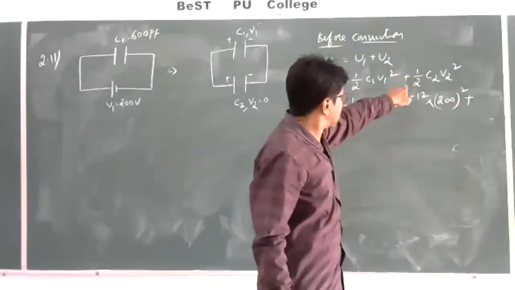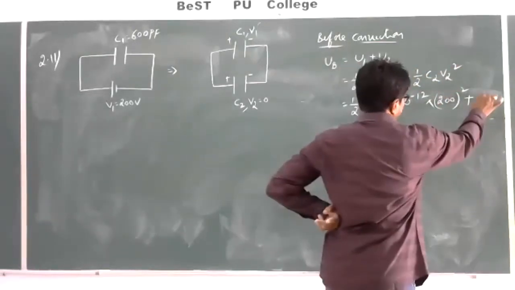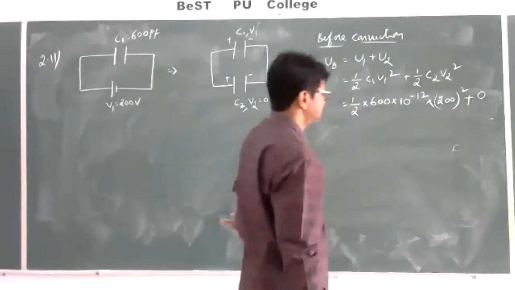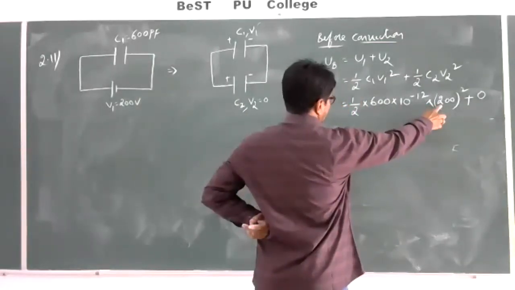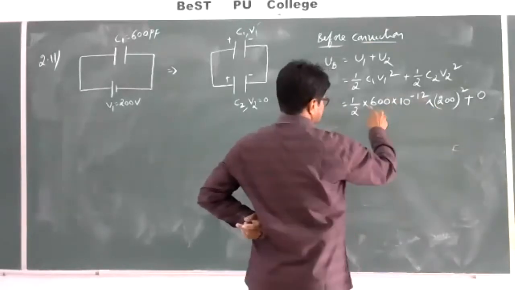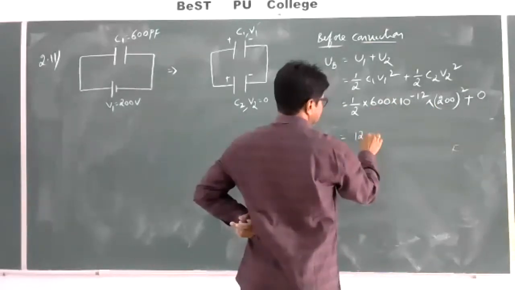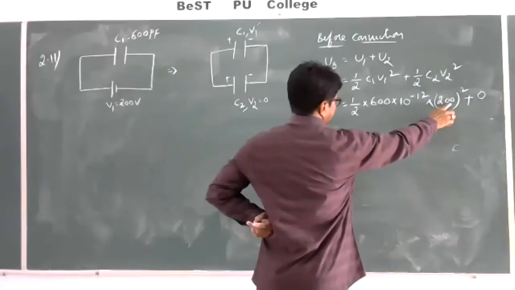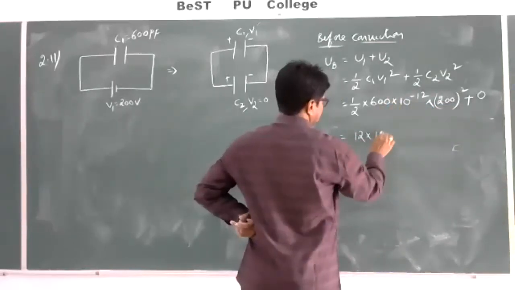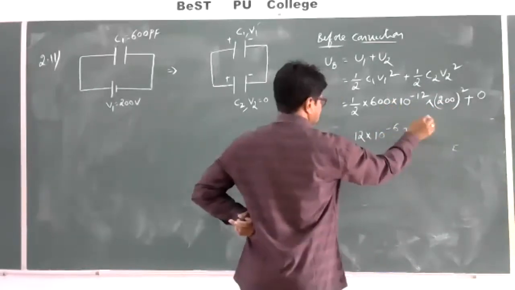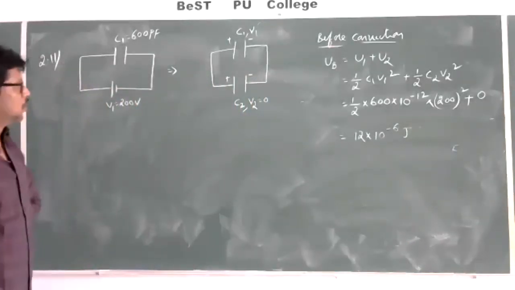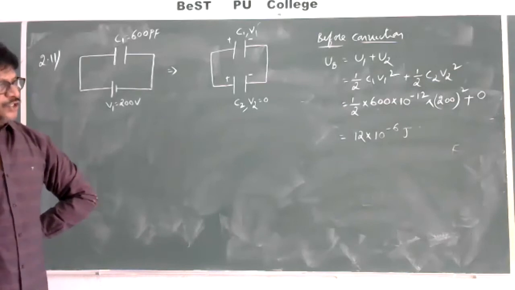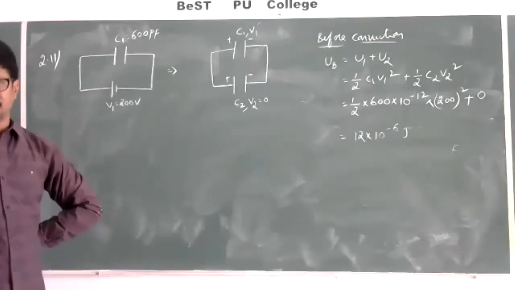Since V2 is equal to 0, this entire term will be 0, which is equal to 12 into 10 to the power of minus 6 joules. That is the total energy before connection.